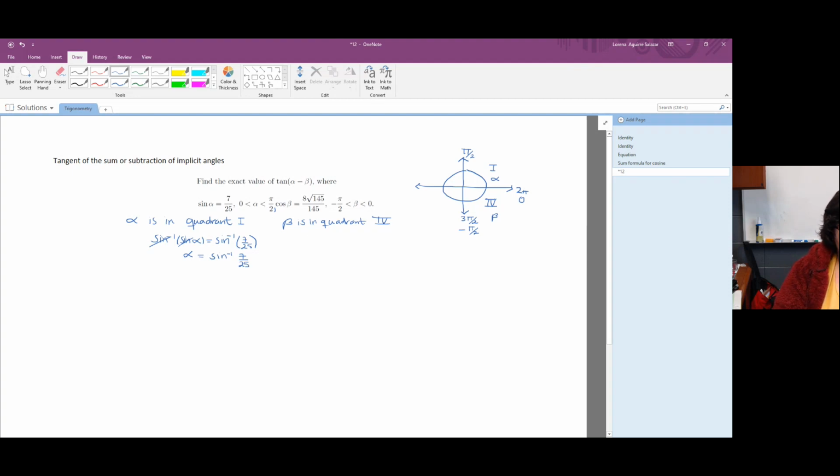Now beta is in quadrant 4, and we have those bounds for beta. Then when we apply the inverse cosine to both sides of the equation that says cosine of beta equals that number, we find the inverse cosine of the cosine of beta equals the inverse cosine of 8 root 145 divided by 145.